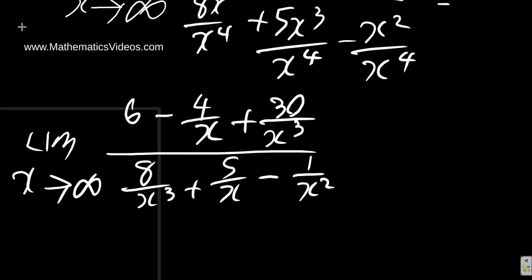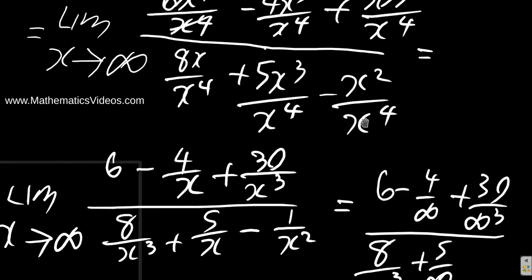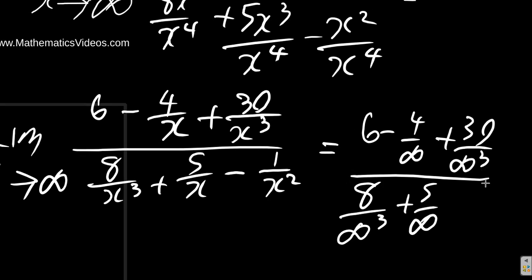So if you substitute infinity directly, you have 6 minus 4 over infinity plus 30 over infinity cubed, divided by 8 over infinity cubed plus 5 over infinity, because it's 5 over x and x is infinity, minus 1 over infinity squared.